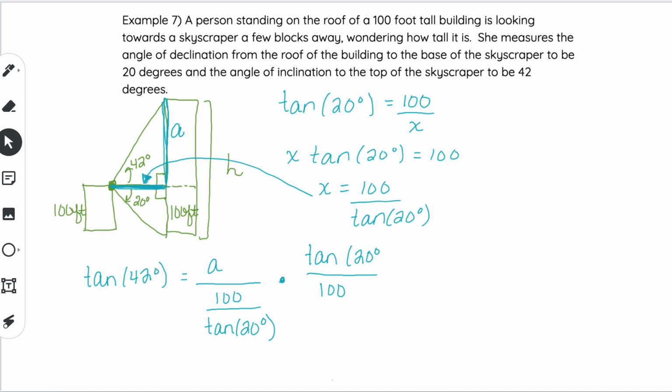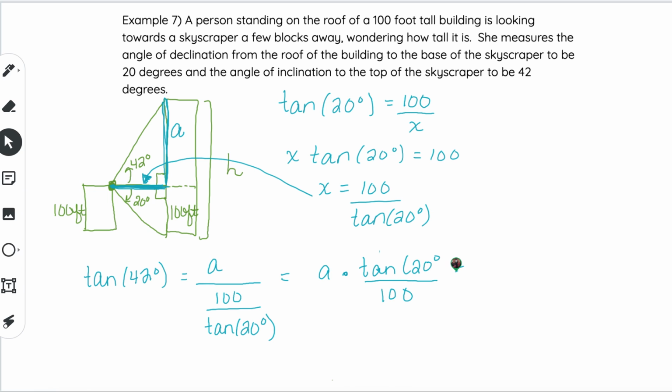Oh, I probably shouldn't do it that way. Let's back up. Let's just start a new step. So this would be equal to a times tangent of 20 degrees over 100.